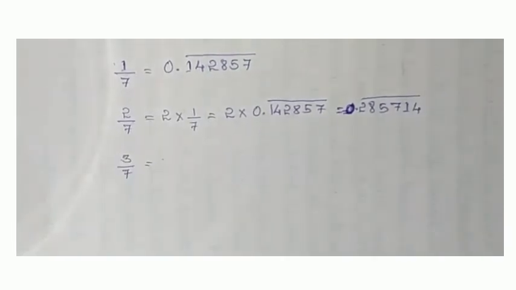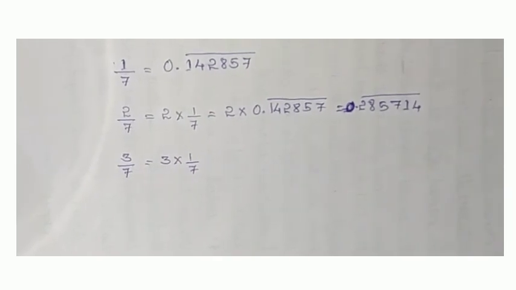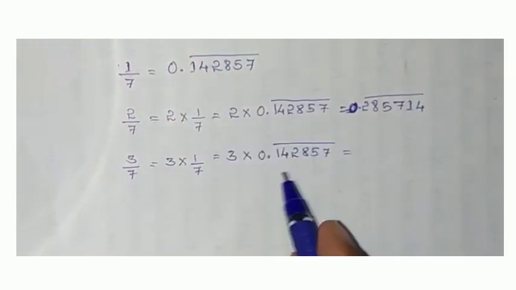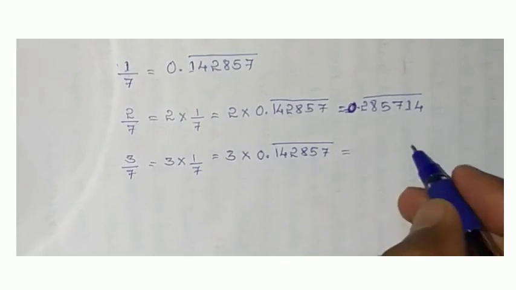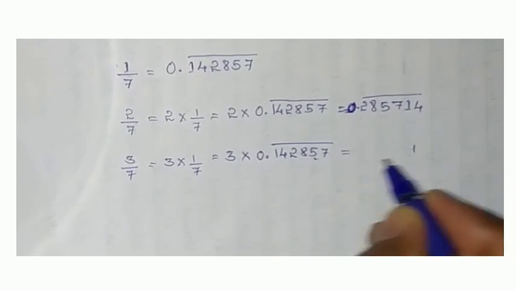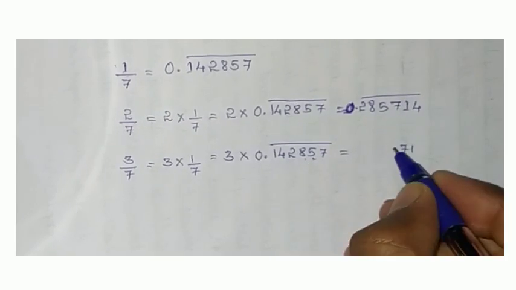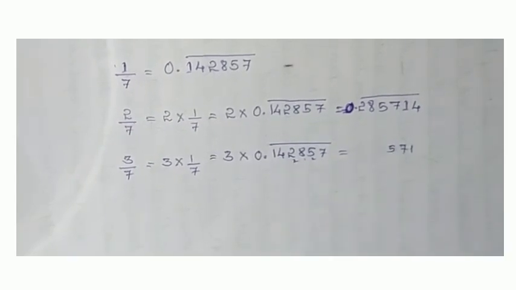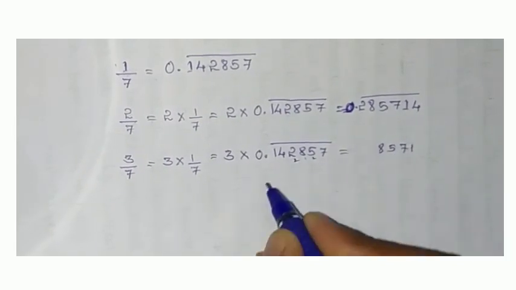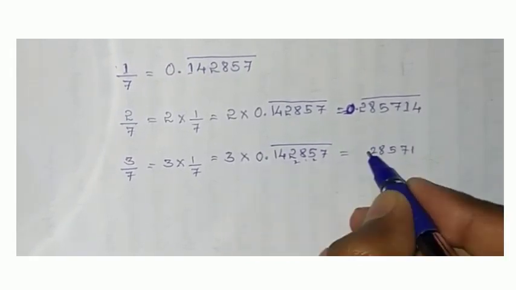So how will we write 3 by 7? It will be 3 into 1 by 7. Now multiply the 1 by 7 value here with 3. 3 into 7, 21, carry 2. 3 fives are 15, 15 plus 2, 17, carry 1. 3 eights are 24, 24 plus 1, 25, carry 2. 3 twos are 6, 6 plus 2, 8. 3 fours are 12, carry 1. 3 ones are 3 plus 1, 4.